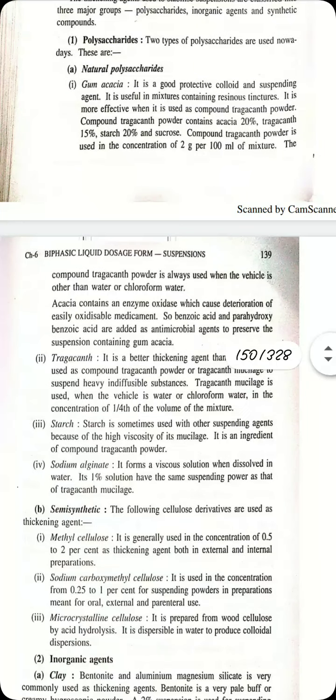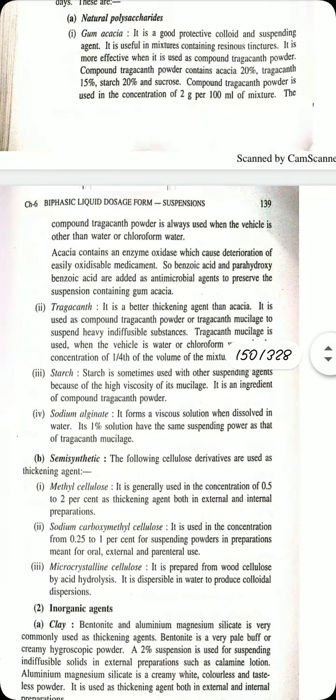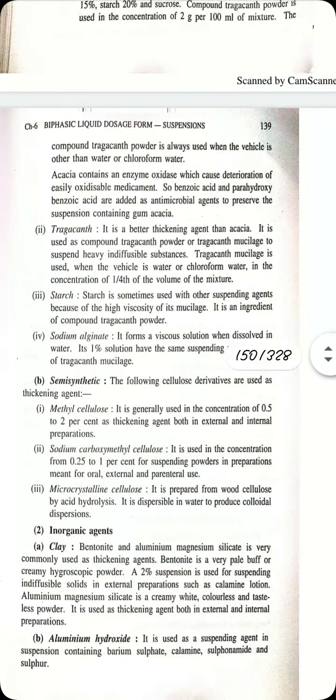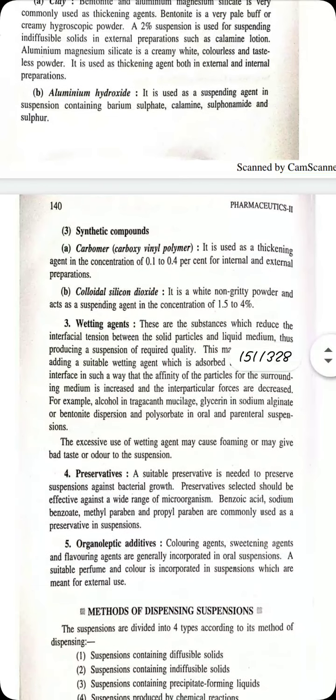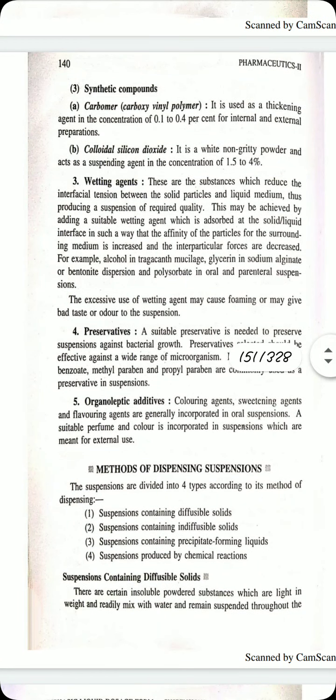In polysaccharides: natural polysaccharides, semi-synthetic polysaccharides and synthetic polysaccharides. Then inorganic agents, synthetic compounds, preservatives, wetting agents and organoleptic additives. Organoleptic means used as a flavoring agent.